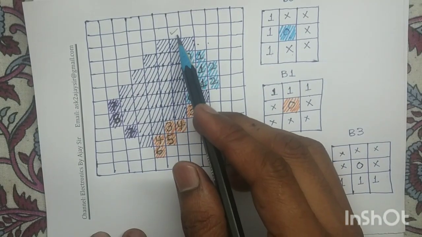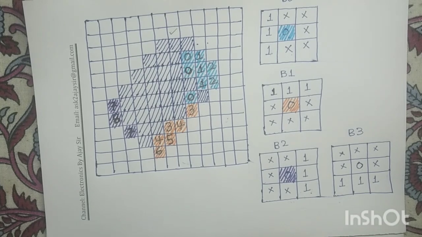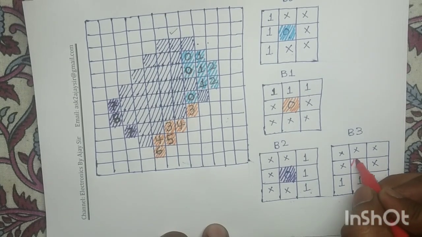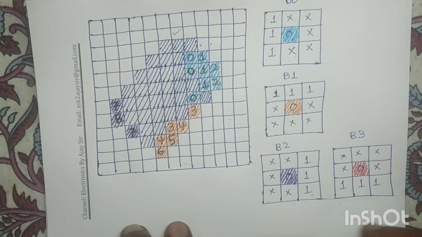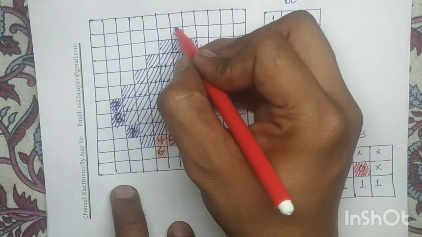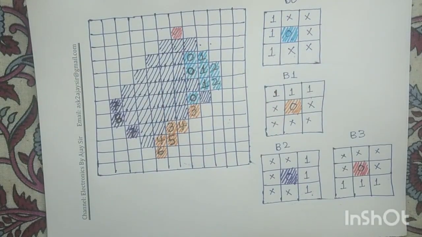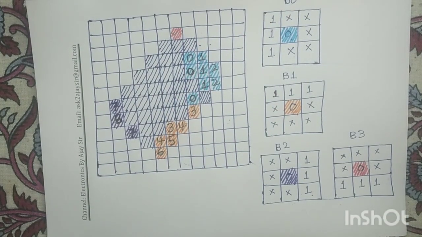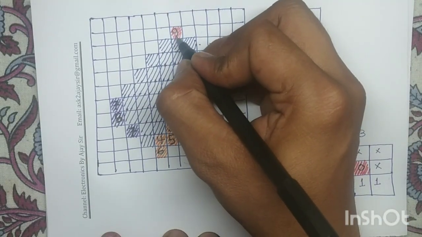In order to mark this hit point, I will use some different color for this structuring element B3, and we will use the red color. So we will mark this hit point which belongs to this structuring element B3, and since this hit point belongs to the overall 9th iteration, here I will use the indexing 9.